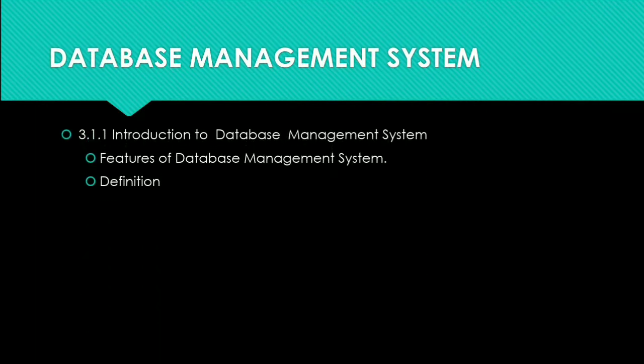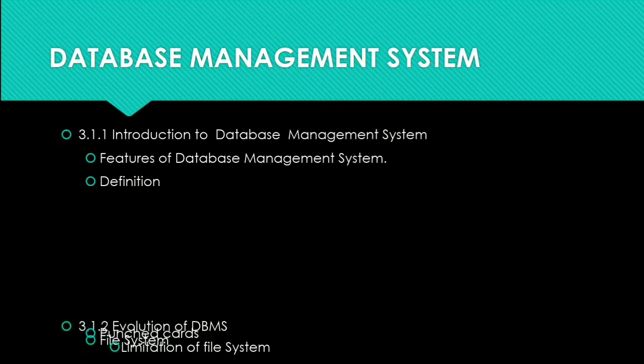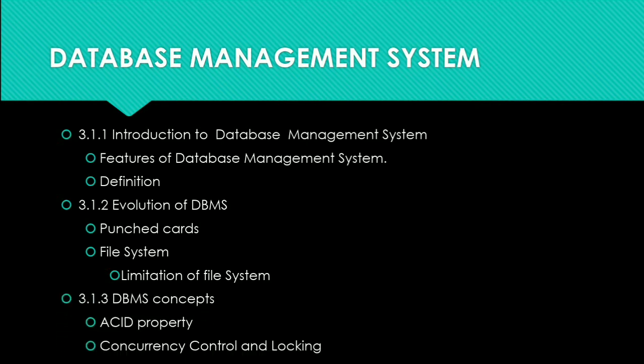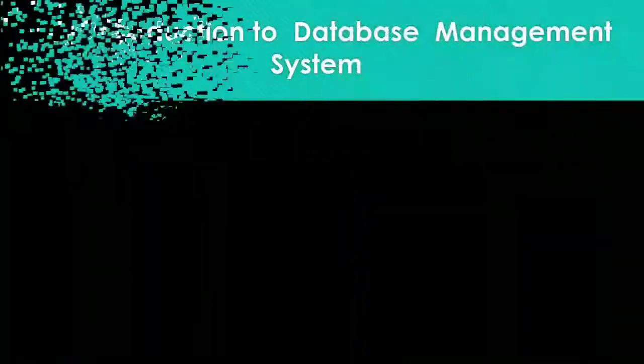So these are the topics we are going to discuss: introduction, features of database management system, definition, evolution of DBMS, about punch cards, file system and its limitation, and the last topic is DBMS concepts. In that you're going to learn about ACID property and concurrency control and locking mechanism. So these are the topics we are going to discuss in this video.